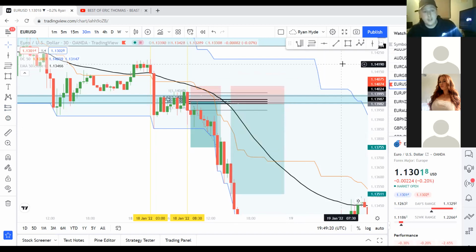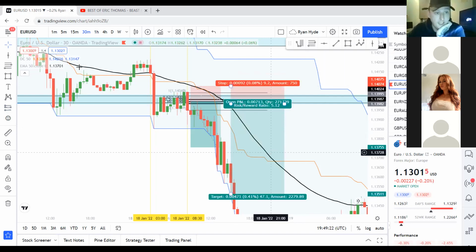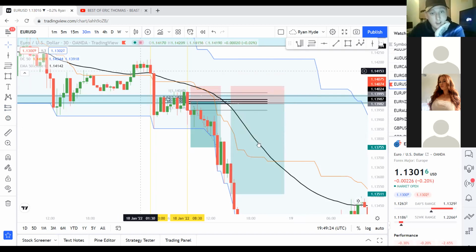There we go. And then also just to mention, as you can see, we have this black line that runs through, and that's our EMA 50. Now we always want to make sure that the EMA 50 is closely above or below the candlestick pattern that we look at.